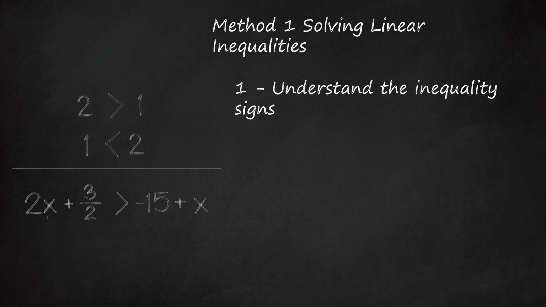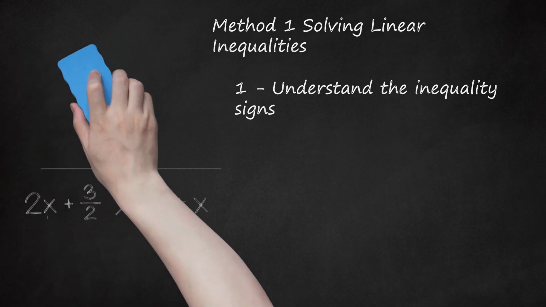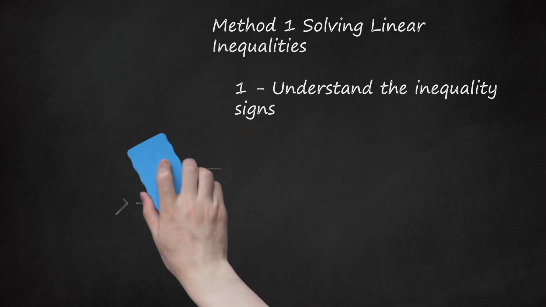The < sign means less than. For example, 2x + 3/2 > 15 + x means that the value on the left side of the inequality is greater than the value on the right side.